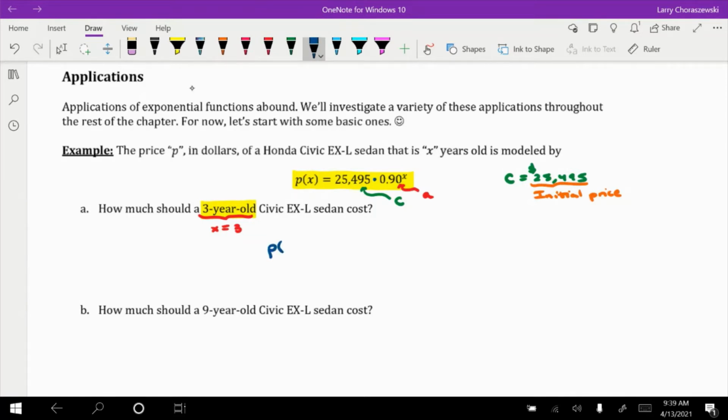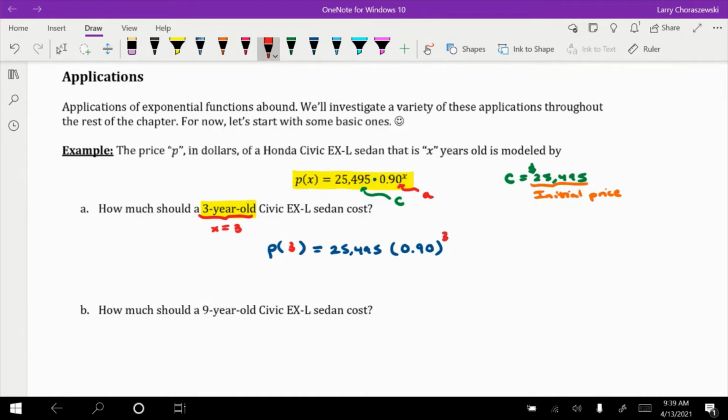We're going to plug 3 into our function, and then we can use our calculators to grind out the price. So P of 3 is going to be 25,495, and I usually put the base in parentheses because sometimes the value of C has a decimal and it can get confusing. So I'm going to put 0.90 in parentheses and then put a power of 3 on it.